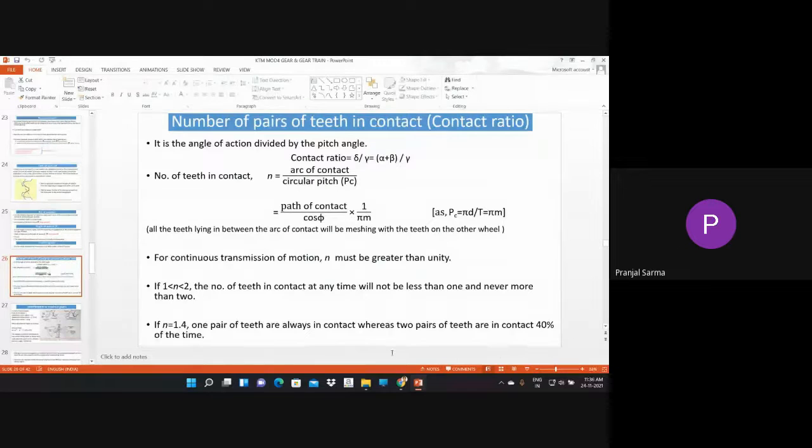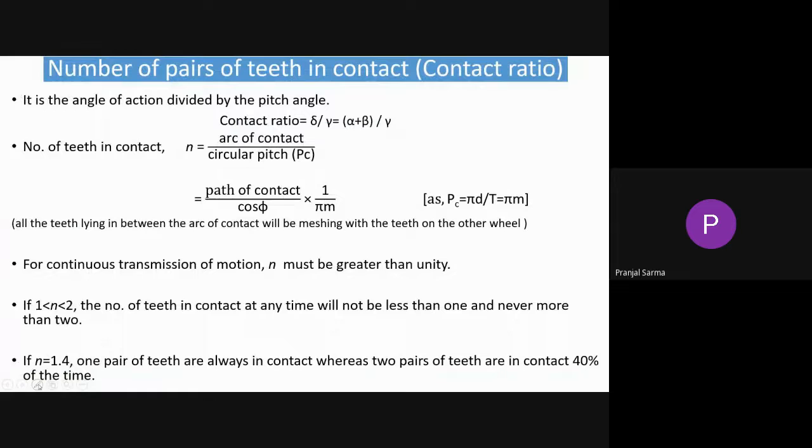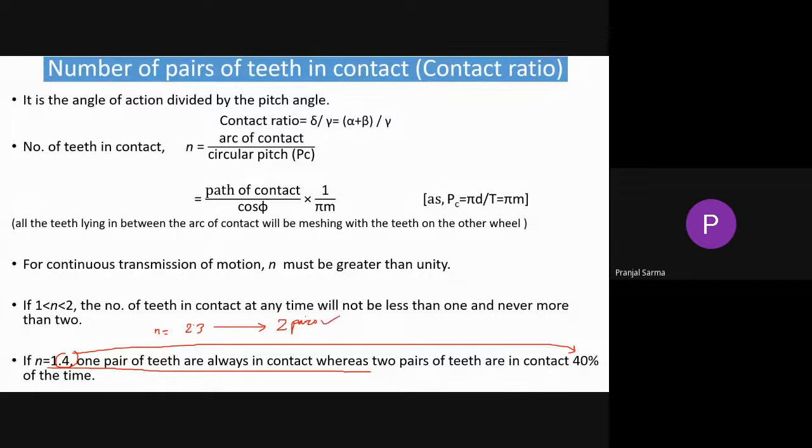See, if you cannot go there, then it will be difficult. 1.4 means one pair is always in contact, and point 4 means for 40% of the time two pairs are in contact. n equal to 2.3 will mean two pairs are always in contact, whereas for 30% of the time three pairs are in contact.